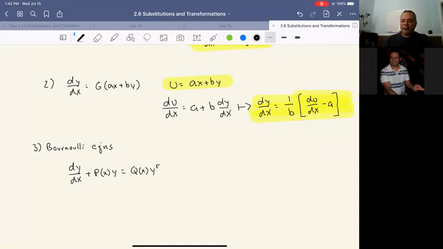Now here the substitution is not as natural. We're going to take v equals y to the 1 minus r. I won't do the dy/dx; we'll do that just as we go along. So let me just write that substitution down.